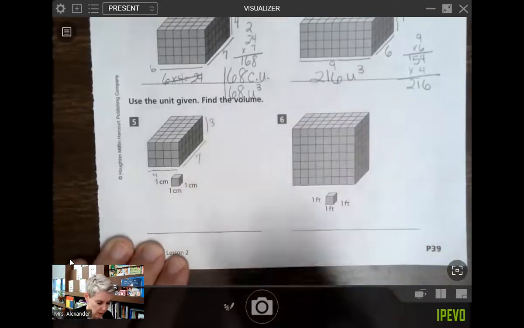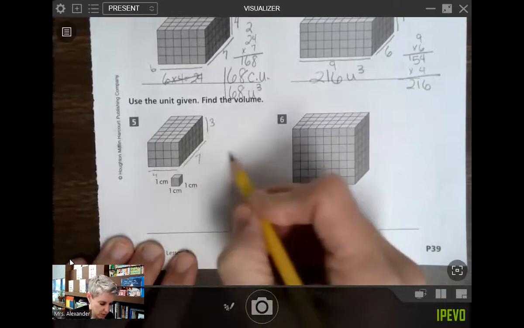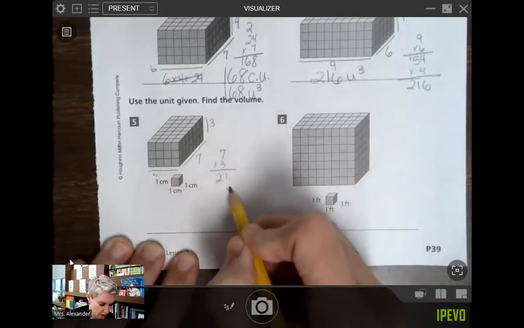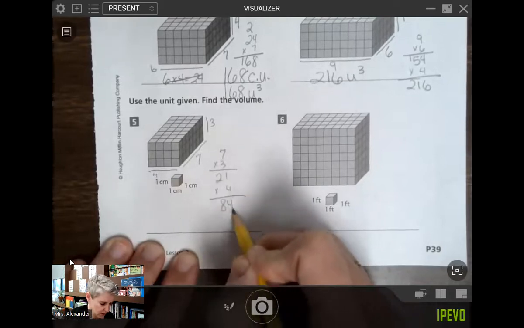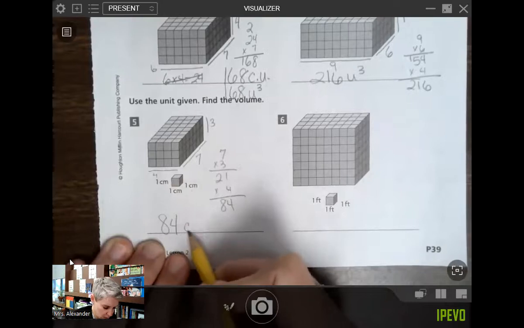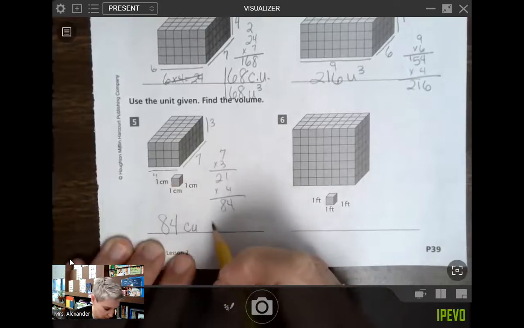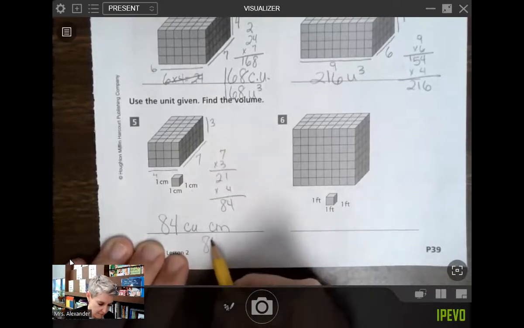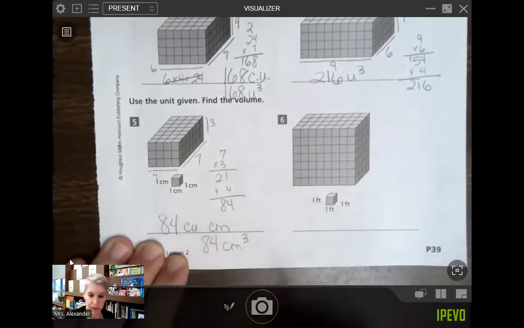And 3 is the height. I'm going to do 7 times 3, my width and my height, which is 21, times 4, giving me 84 cubic centimeters. All right, 84 centimeters cubed.